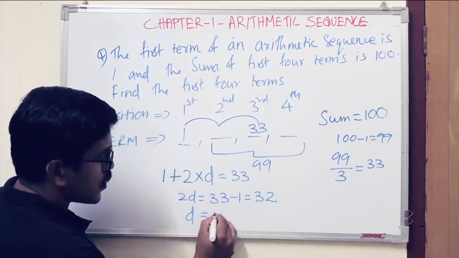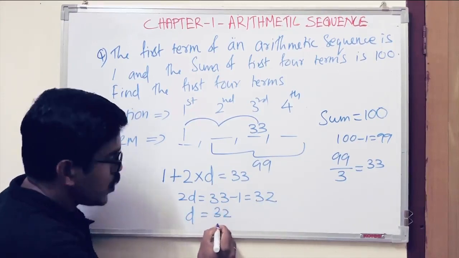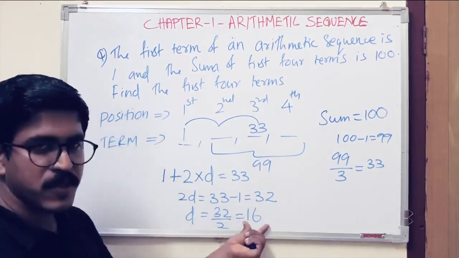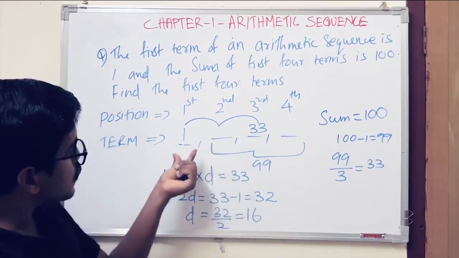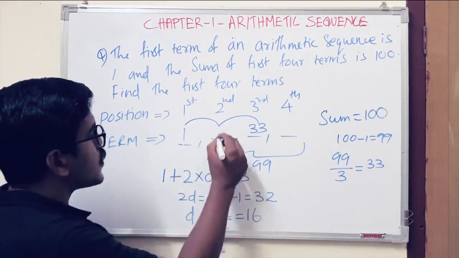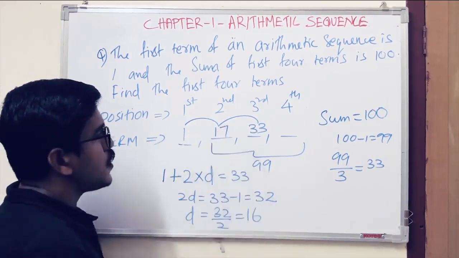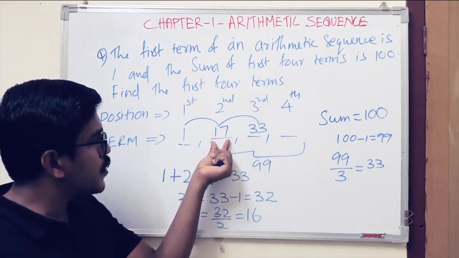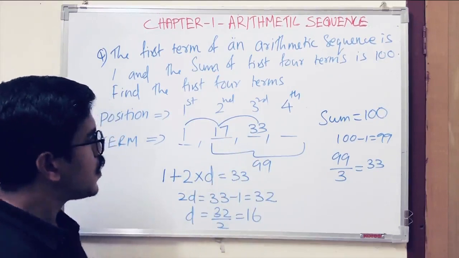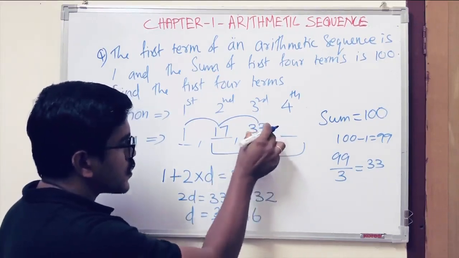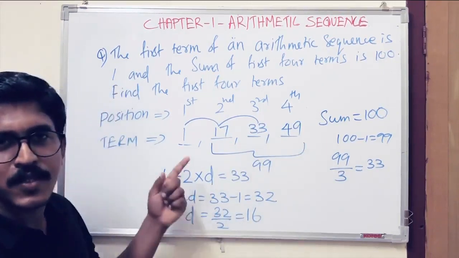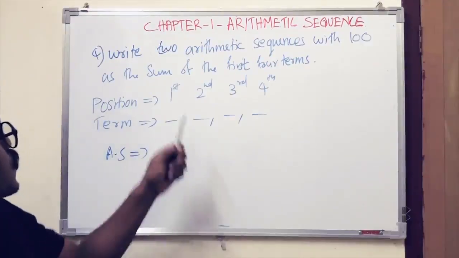D, that is the common difference, is equal to 32 by 2, 16 as the common difference. Now we can add 1 plus 16, that is 17, which will be the second term. 17 plus 16, 33 is the third term. And the fourth term is 33 plus 16, that is 49. This is the answer.